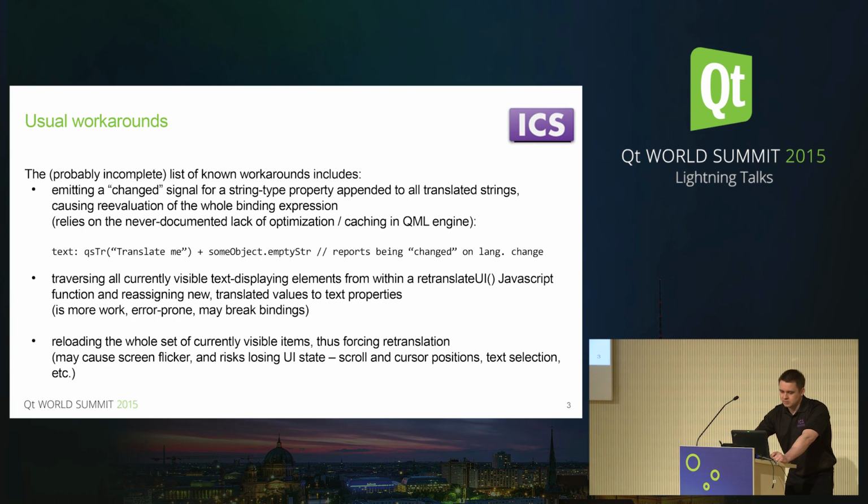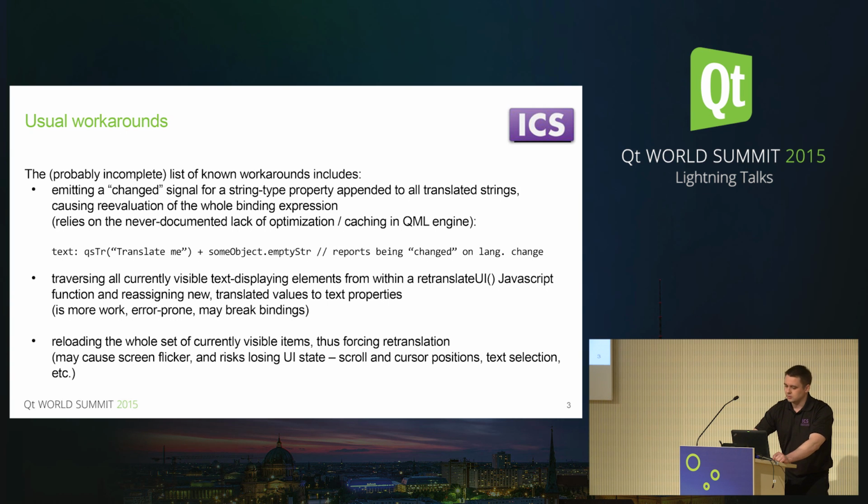Then there's the second way, which is using this notorious retranslateUi JavaScript function, and essentially traversing all your text-related QML elements and swapping text manually, which has, again, an unfortunate feature of being somewhat error-prone, tedious to implement, and then it actually can break your bindings, right?